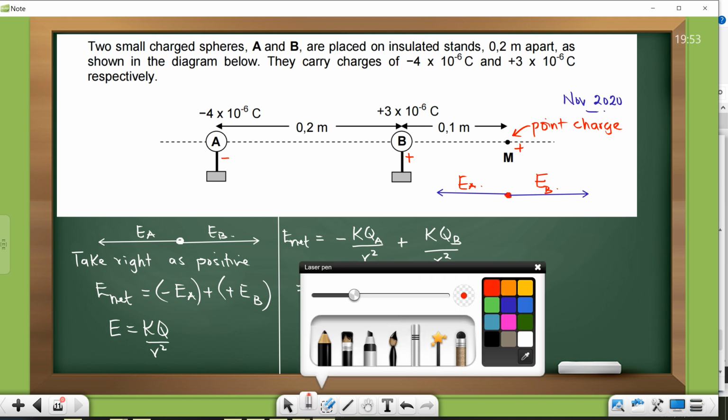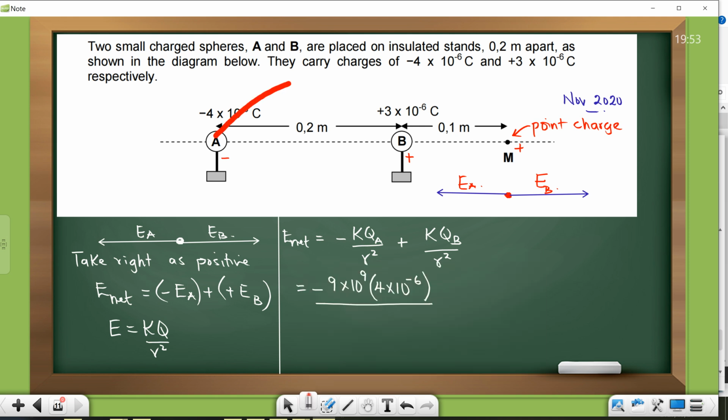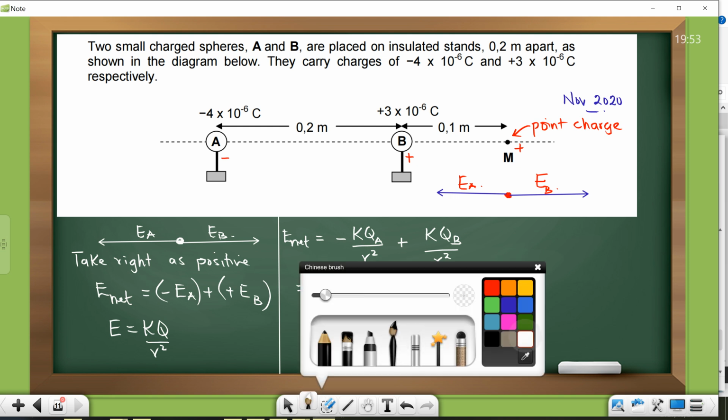I am dealing with A. Remember, it is between A and M. We are looking at A and M. What's the distance? A and M. What is the distance? 0.3. Oh, beautiful. You guys are on fire.